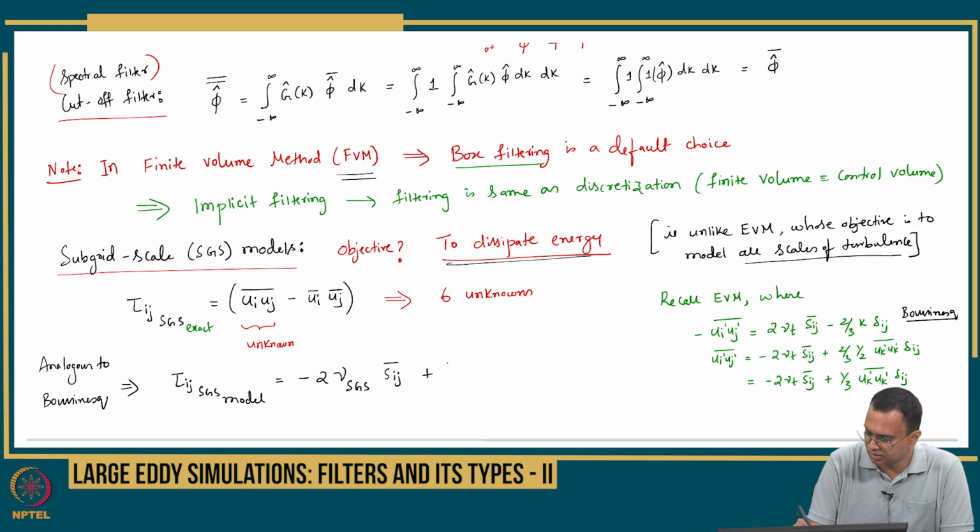Plus 1/3 uk prime uk prime was there, so that means here this should be tau kk. Correct? Tau kk delta ij.